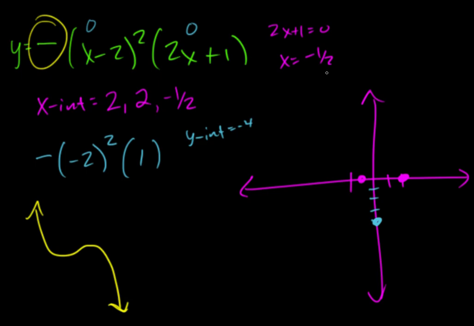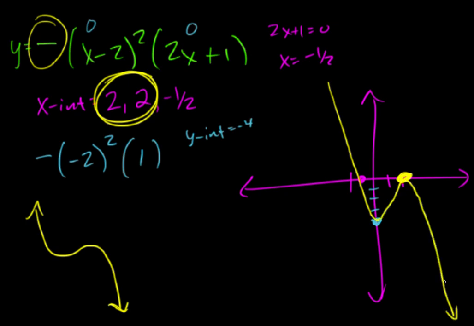So we're going to start from up here, come down, go up, and then end up going down. Now, whenever we have a double, like a repeated root, that means it's not going to cross through this one. It's just going to touch it right there. So we're going to come down like this, touch it, and then go away. Okay?